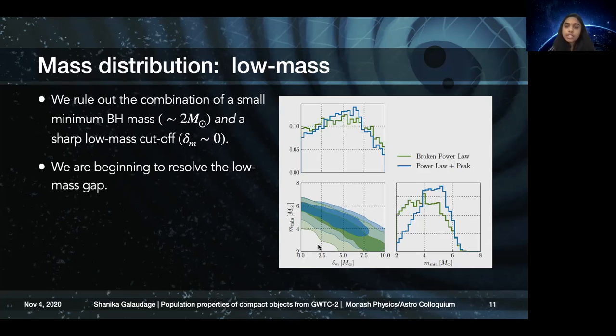So this seems to suggest that there might be some sort of structure there. And what we're really starting to resolve is this potential low mass gap. Down the track, we may be able to resolve this further with more detections, but at this stage, we're getting hints of some structure there. So that's very exciting.